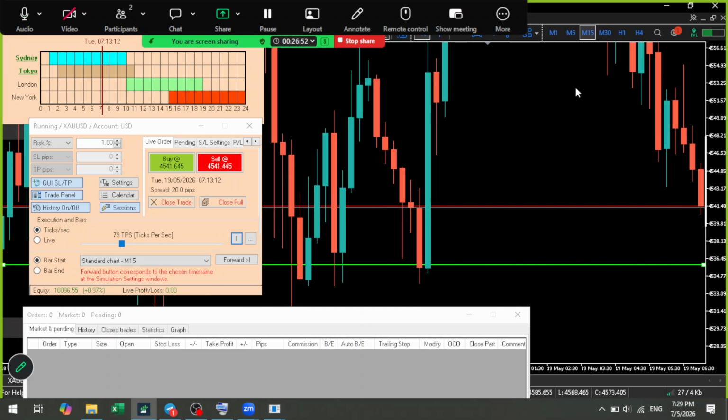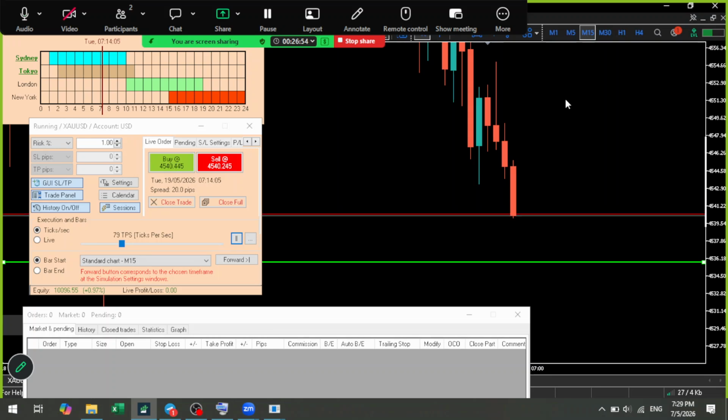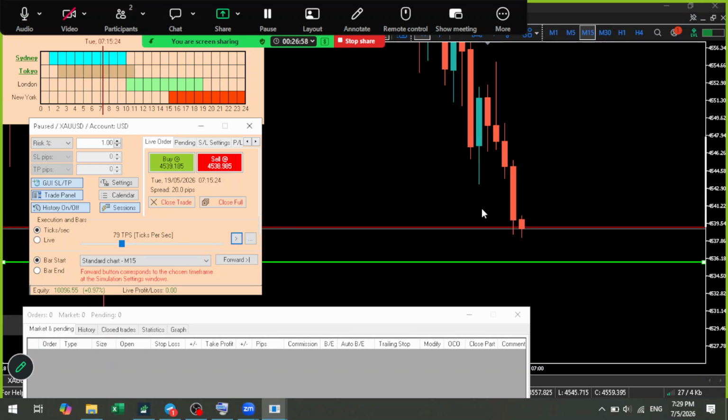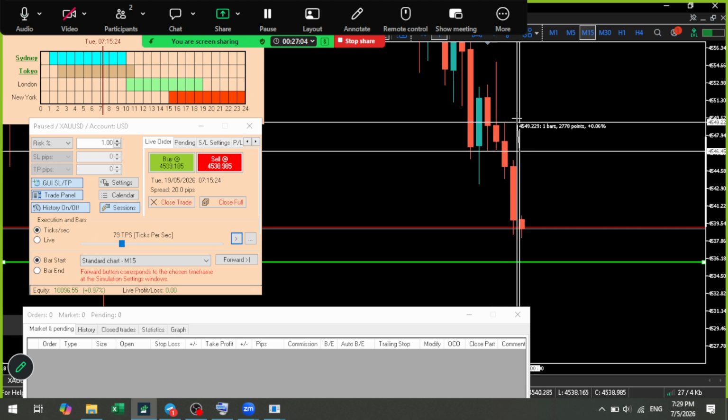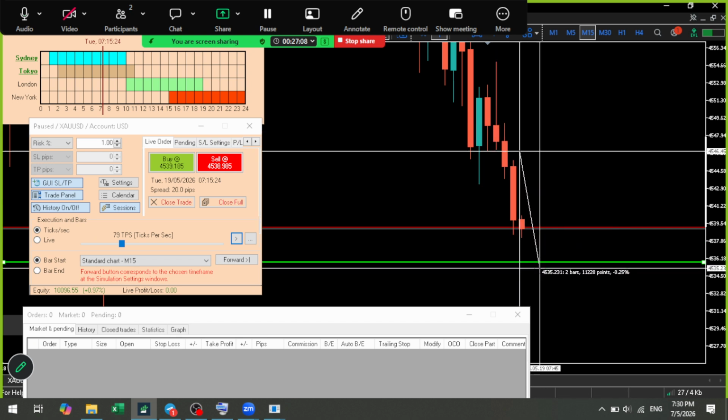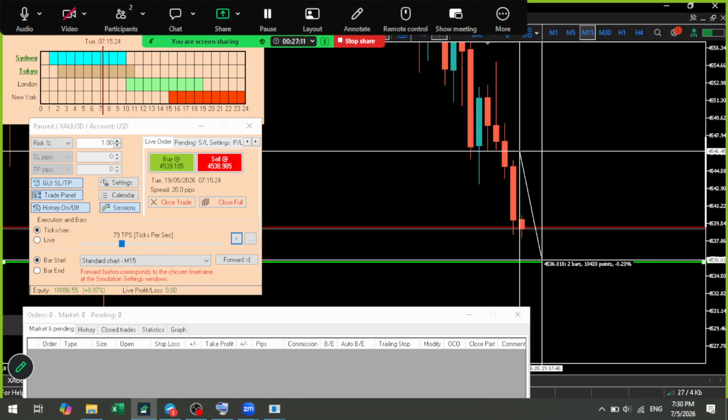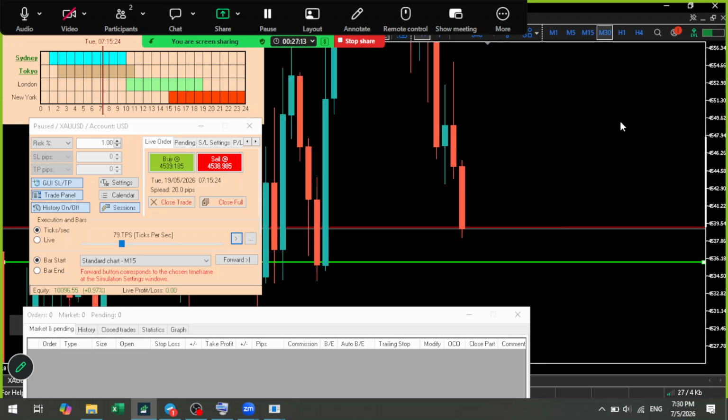15 minutes is about to close. Let's watch there, and it just closed. Okay, a sell here would have been nice. 30 to 35 pips, clean range till 104 pips. Yeah, but nothing.